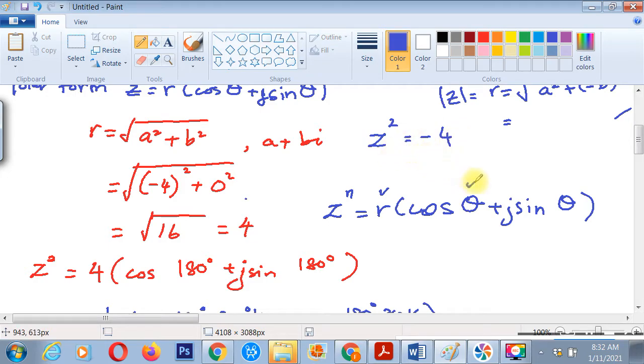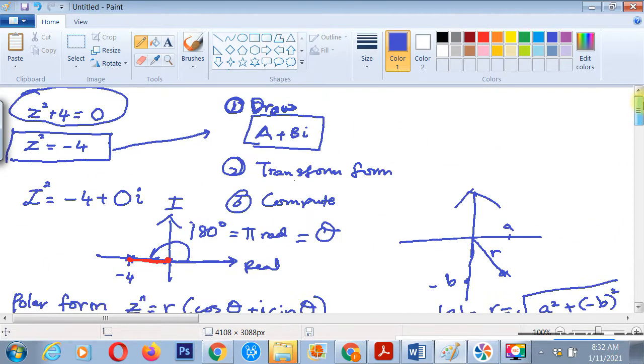So the first thing first, you need to draw. Before you draw, in this question we need to see it in terms of a plus bi. If the form is not in a plus bi, you cannot draw. That's why you need to transform.